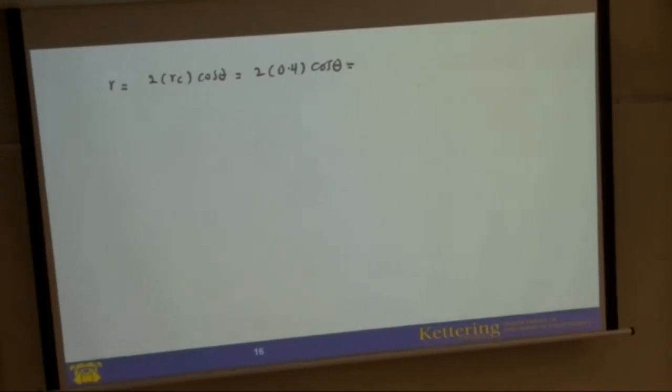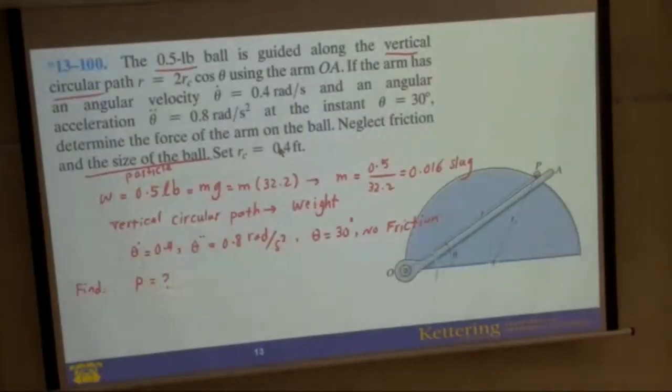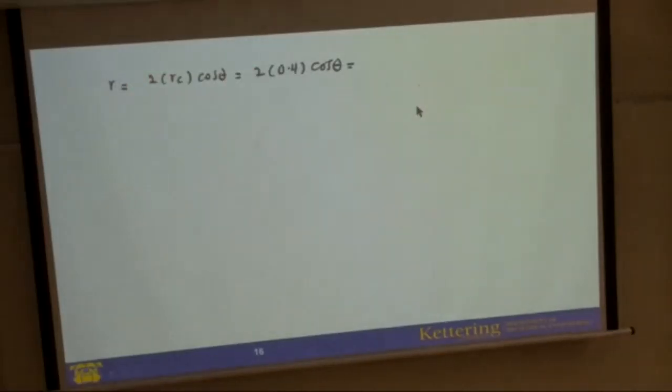At the theta of pi over 6, because we mentioned that we need to find the motion at this specific angle, 0.8 cosine of pi over 6, sorry. If you calculate this, it will be 0.69.